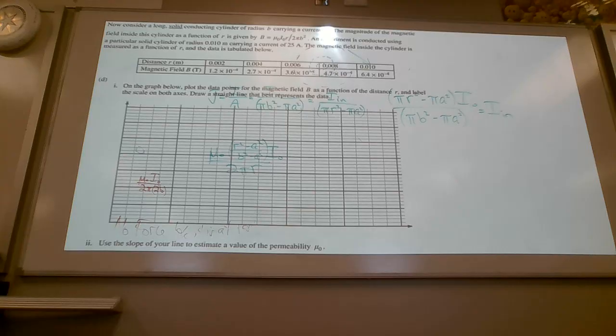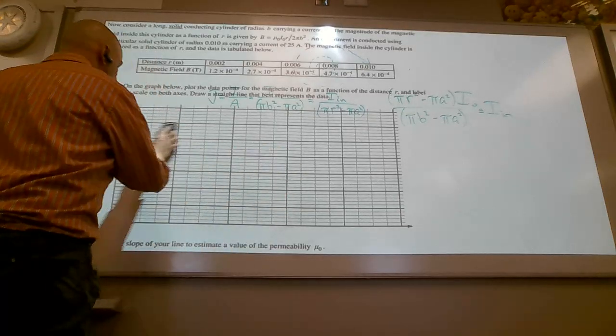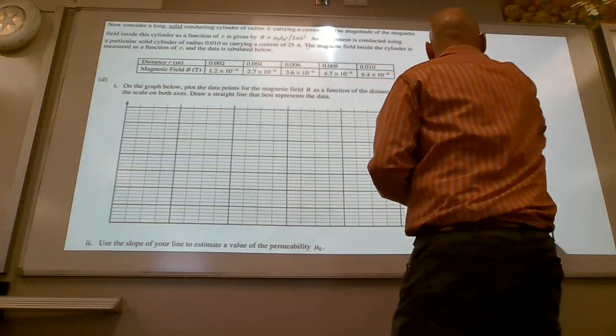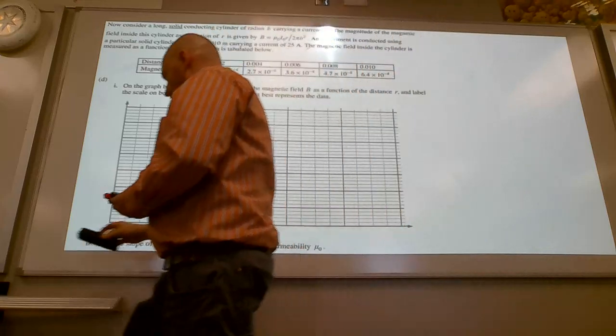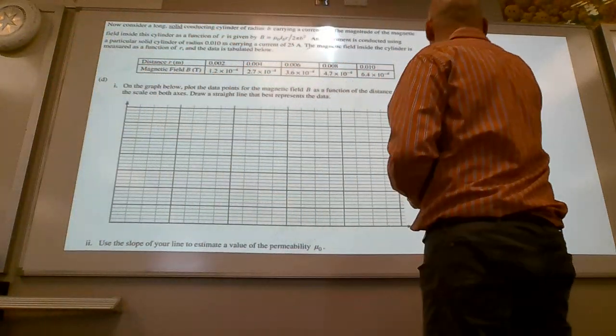Draw a straight line. Use the slope to estimate the permeability constant. So, yeah, that's easy, right?